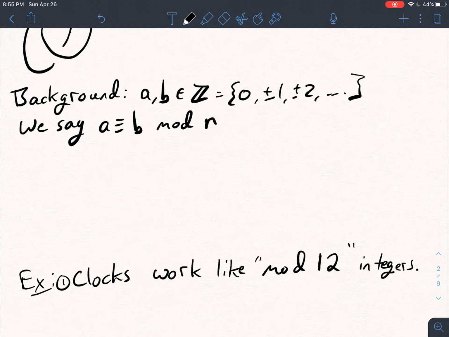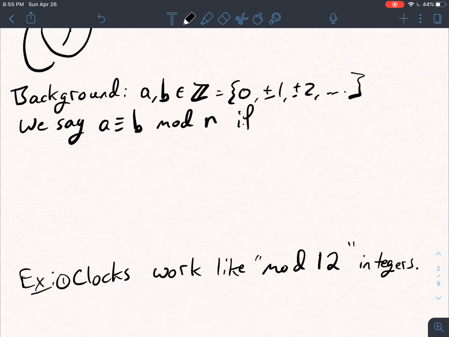So we say that a is congruent to b modulo p, or maybe I should do n. P usually indicates that it's a prime that we're working with, but this could be any number n. And we say that a is congruent to b mod n if b is equal to a plus some multiple of n.